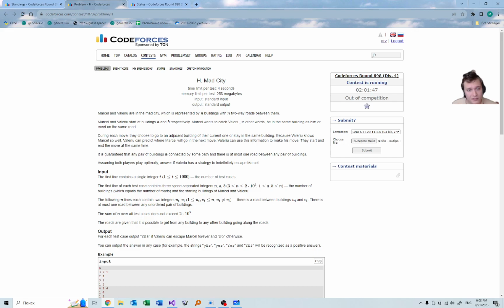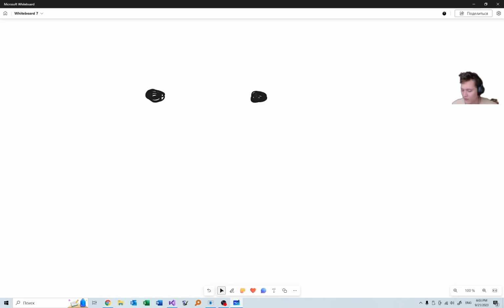Or stay in the same building? Marcel wants to catch Valerio. So again, actually, Marcel is catching Valerio. So first of all, Marcel chooses some vertex, and then Valerio chooses some vertex and goes there.